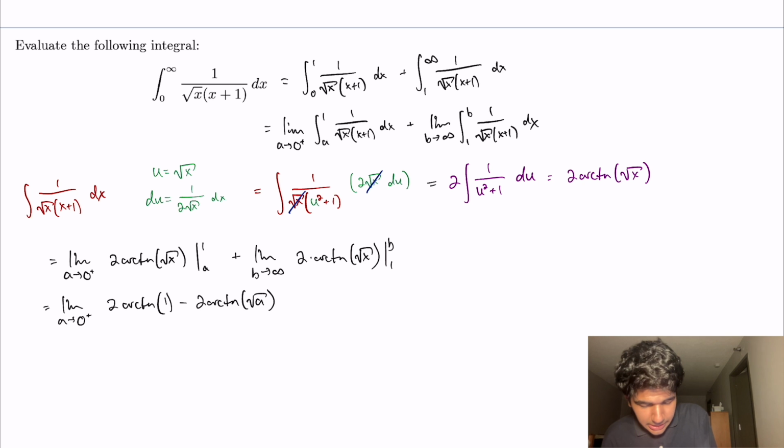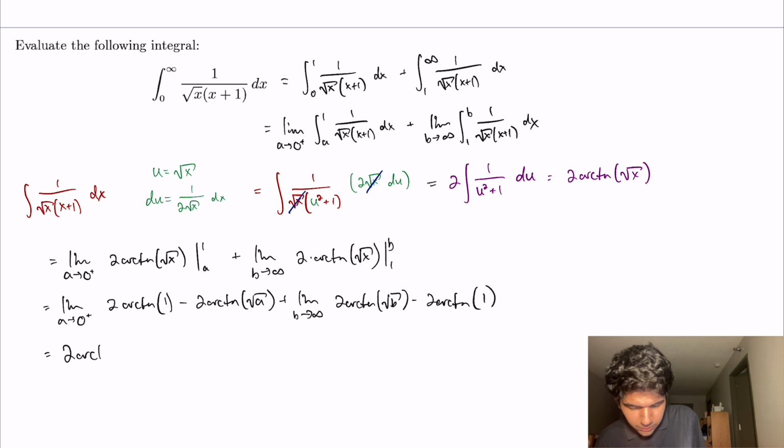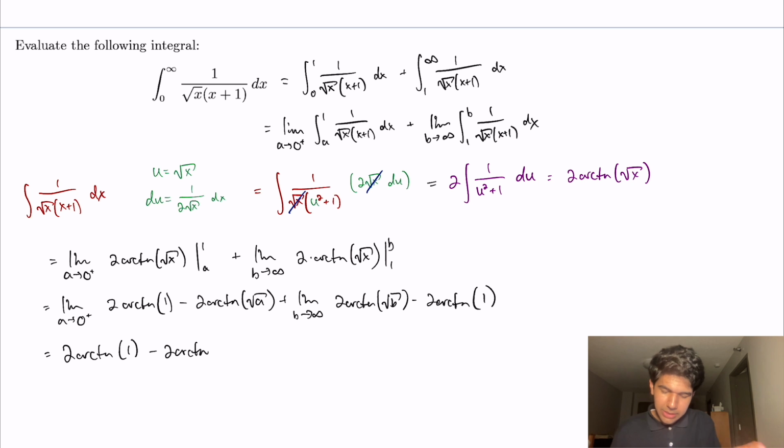We add to that the limit as b approaches infinity of 2 arctangent of the square root of b minus 2 arctangent of the square root of 1, which is just 1. So we're left with 2 arctangent of 1 minus 2 arctangent of the square root of a. We can plug in 0 plus for a, and we get basically square root of 0 here.